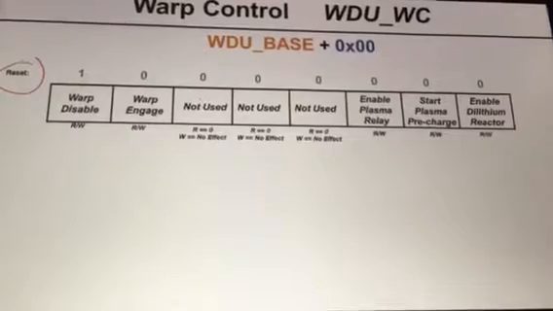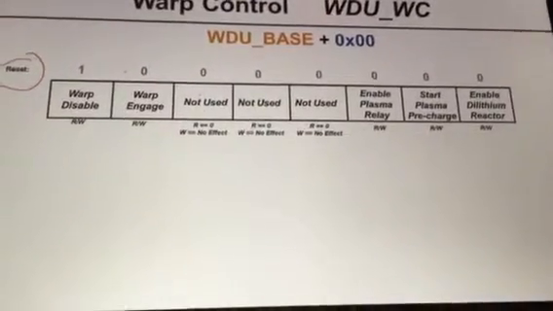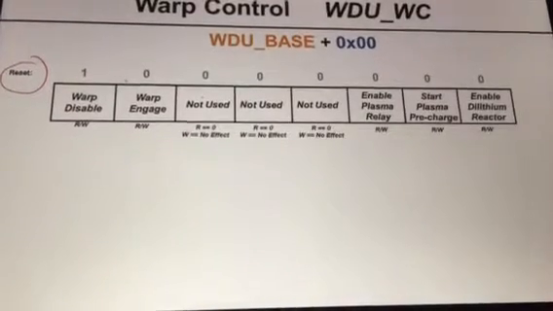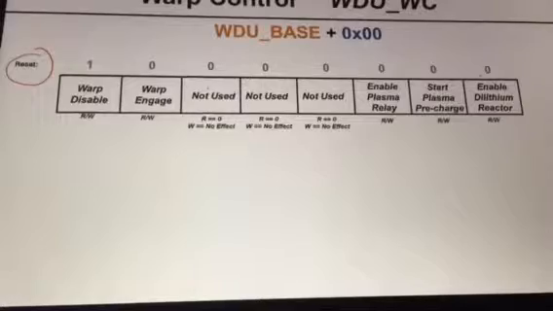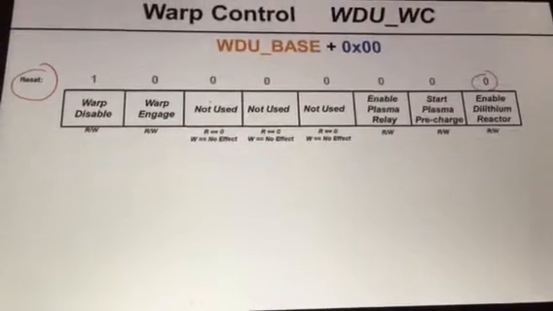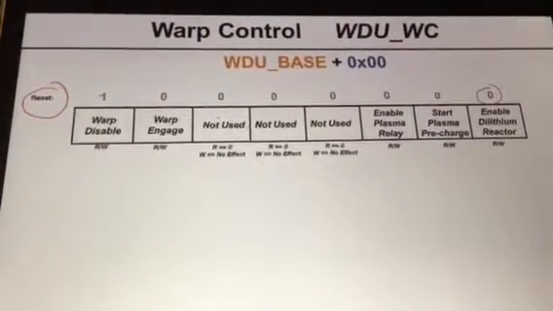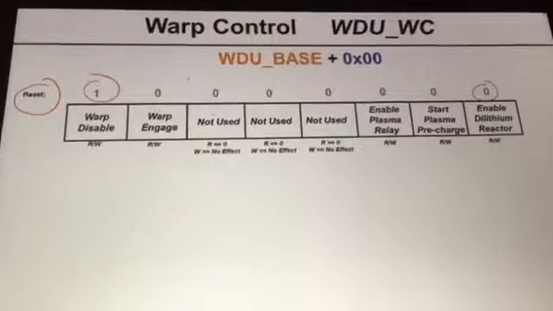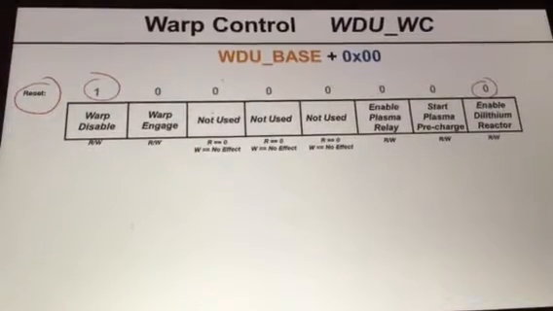The question is, what's the reset value of this register after a power on reset or something like a watchdog reset or any other reset source. And usually they'll show you, like this bit, enable dilithium reactor bit, starts at a 0, but the warp disable starts at 1. So you know what its state is after reset, because that's important to know.